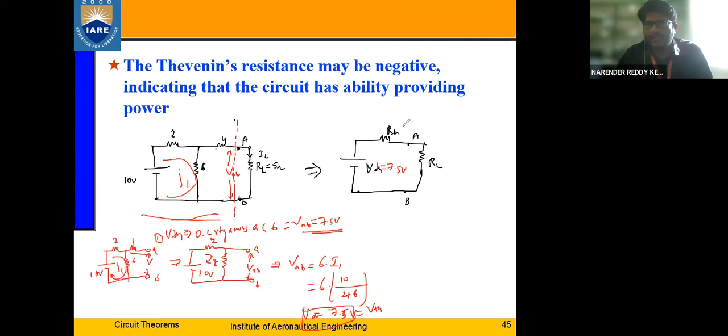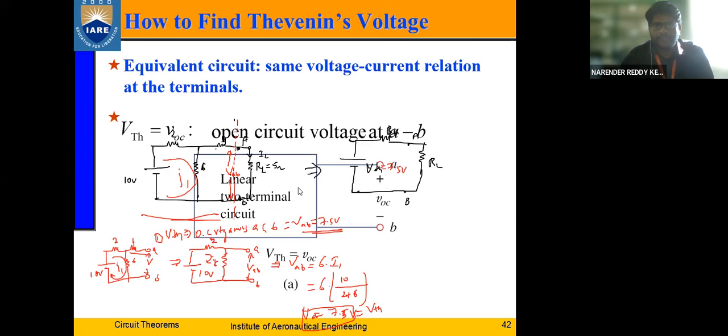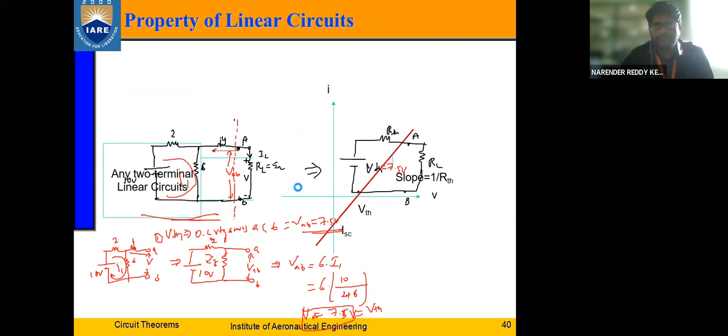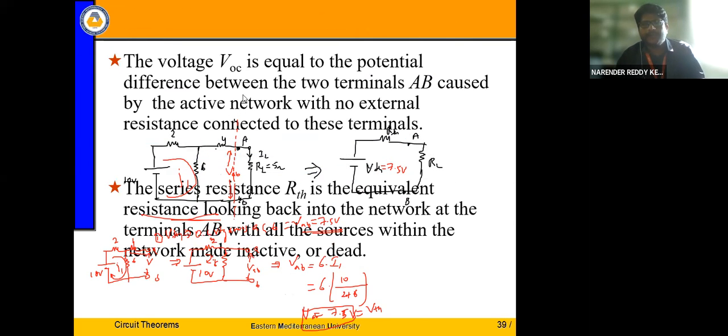So how do we find RTH then? What's the procedure to find RTH? Let me read it out. What is VOC?